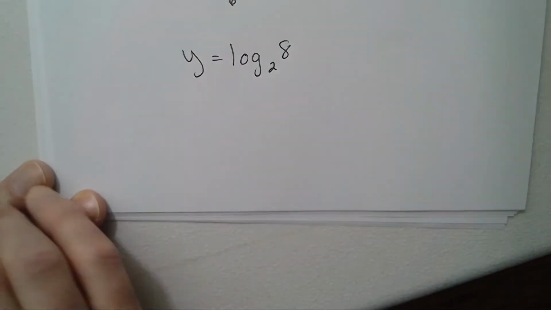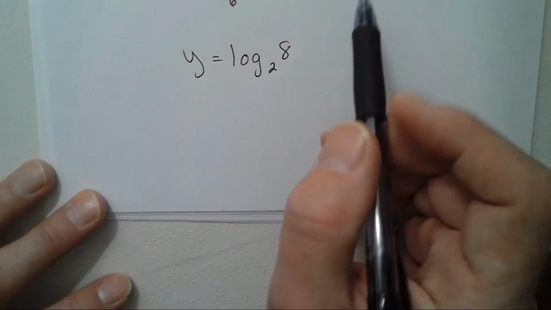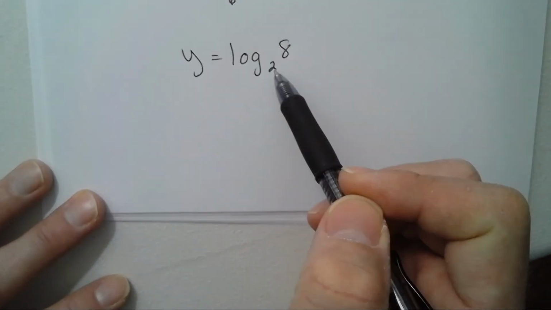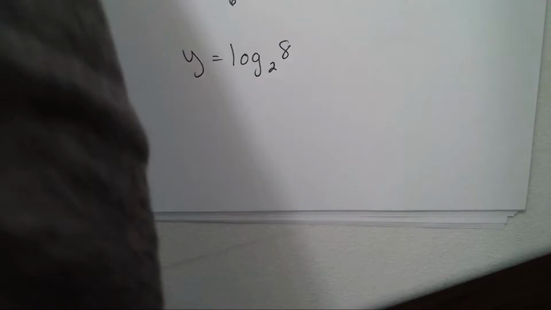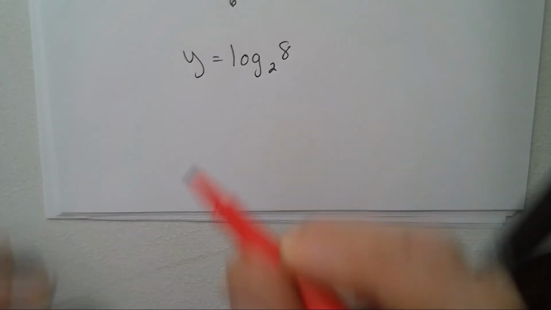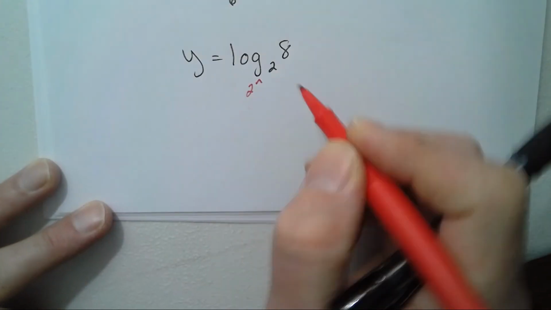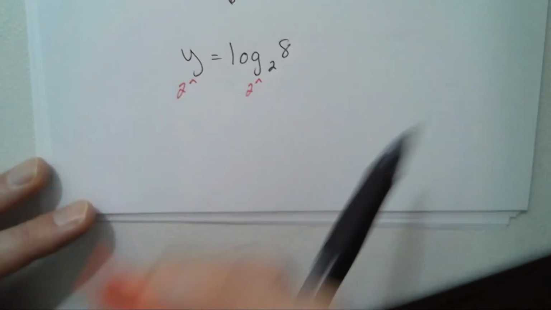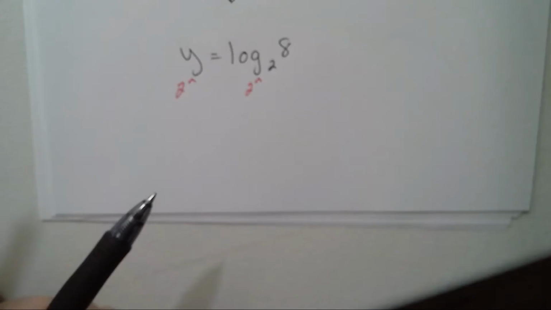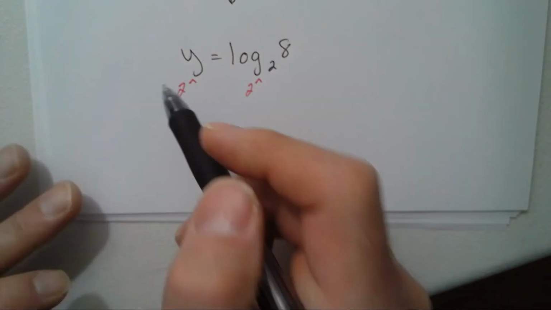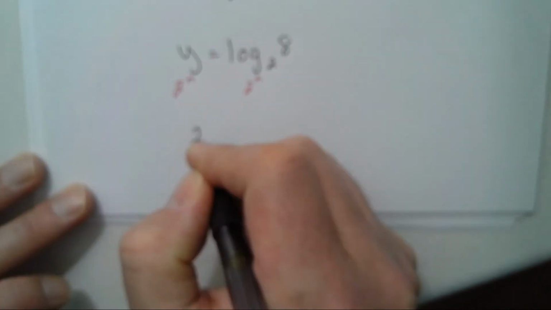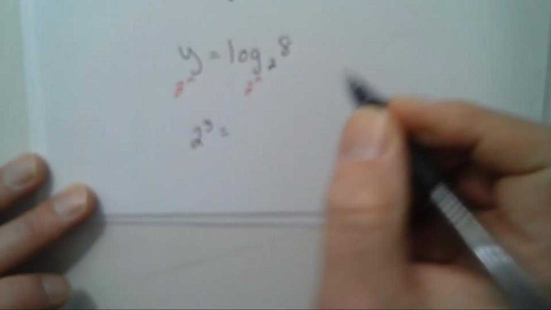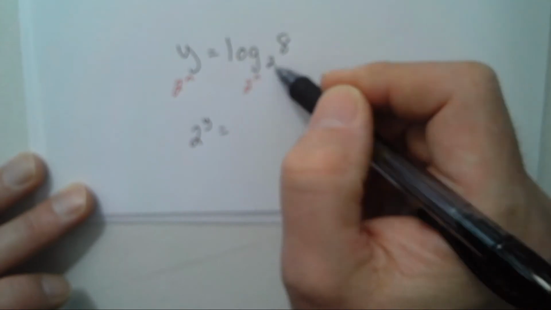What's the opposite of log base 2? It is to take 2 to the power. That undoes the log base 2. So I'm going to do 2 to the power of each side. On the left, it'll be 2 to the y. On the right, 2 to the power and the log base 2 disappears, so I'm just left with 8.